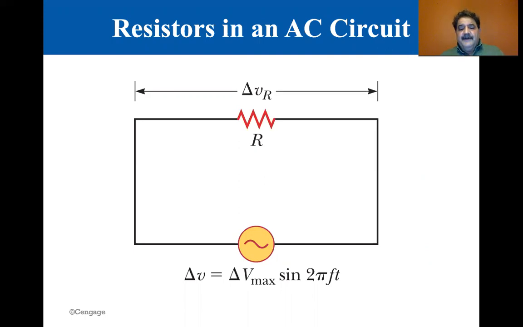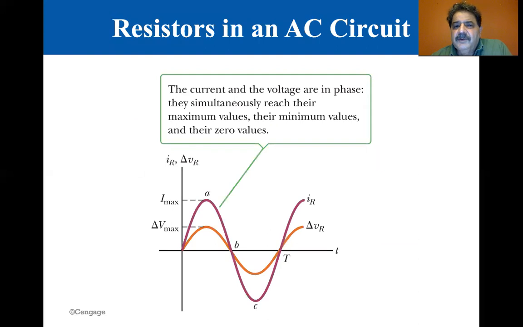So delta V max would be the DC level that it would get to at the max, but it is alternating, and it alternates by the sine 2 pi f t or sine omega t, where omega is equal to 2 pi f.